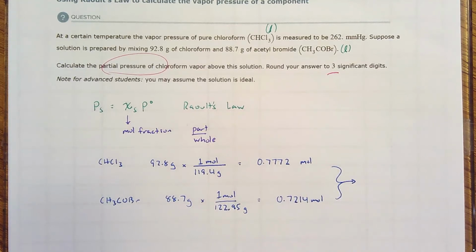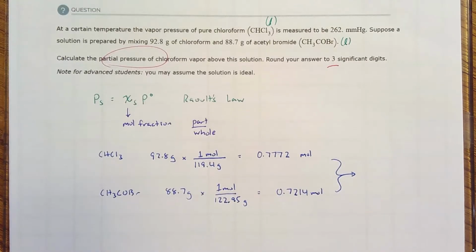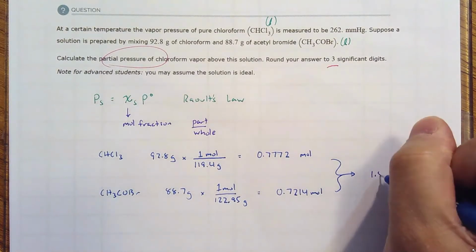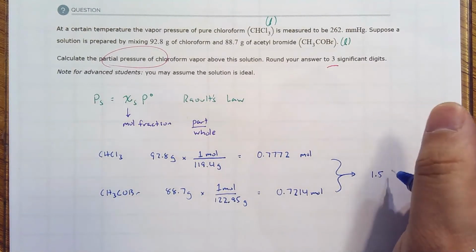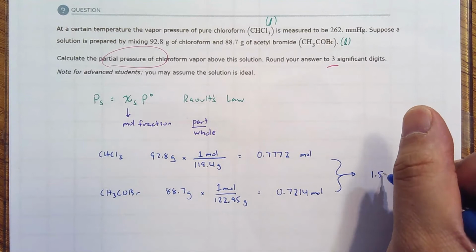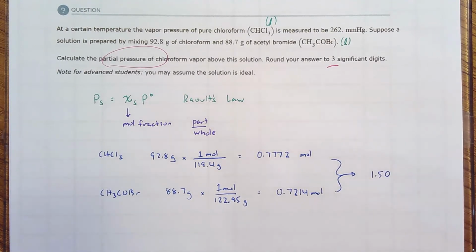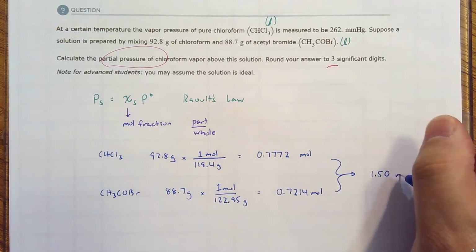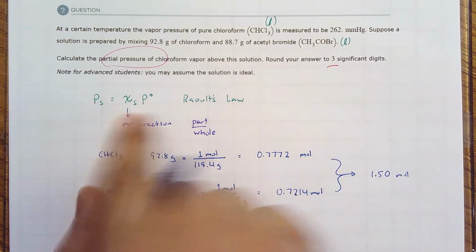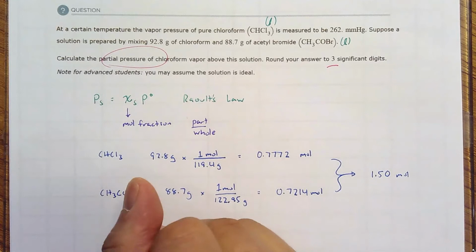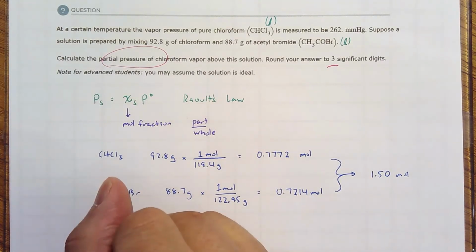Plus 0.7772. Okay, 1.5. Actually, it rounds to 1.50. That's the total moles, because we want the mole fraction of chloroform. I think we're ready to plug in numbers.